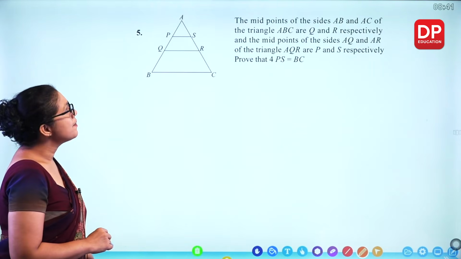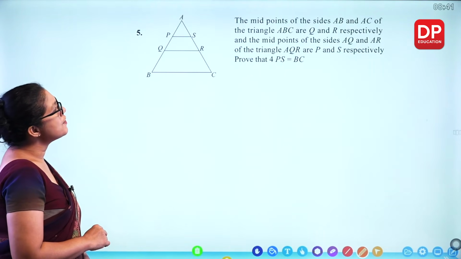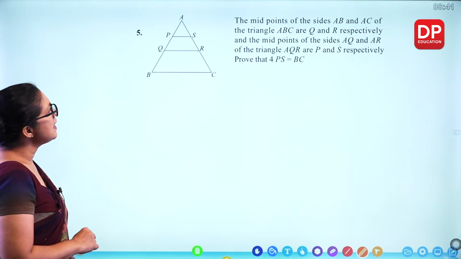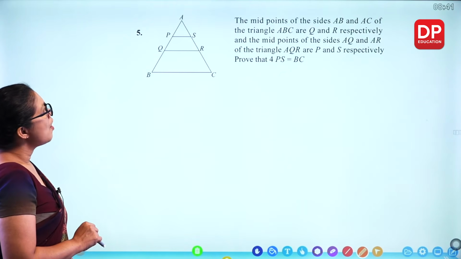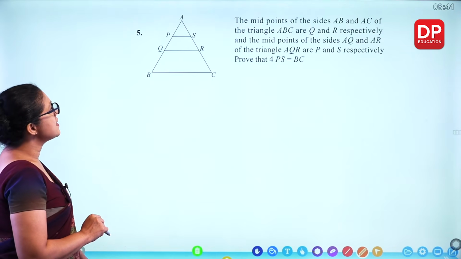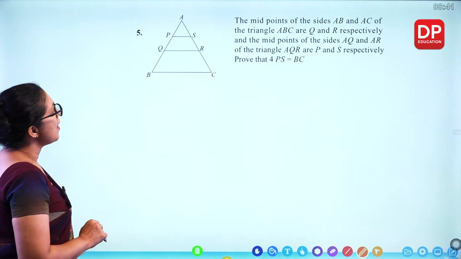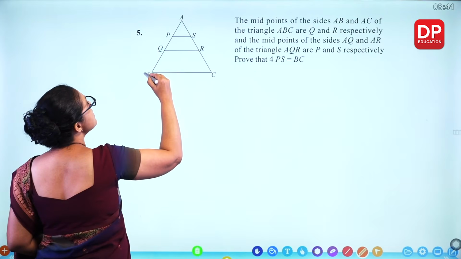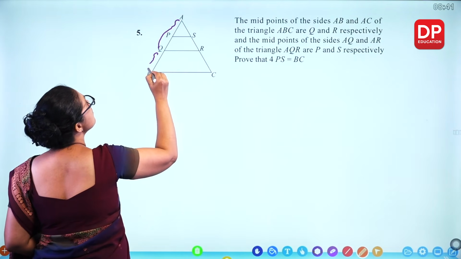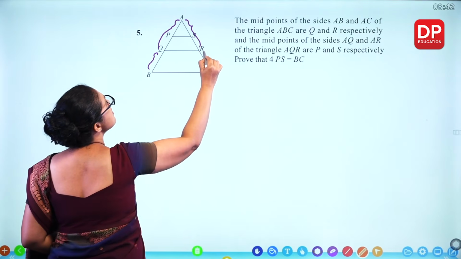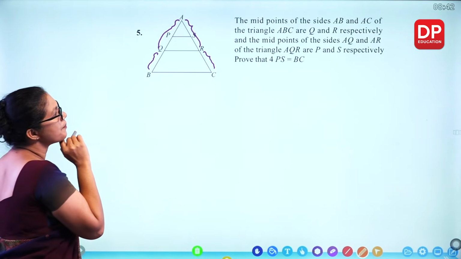Question number 5. The midpoints of the sides AB and AC of the triangle ABC are Q and R. So that means this length is equal to this one, this length is equal to this one, this length is equal to this one.